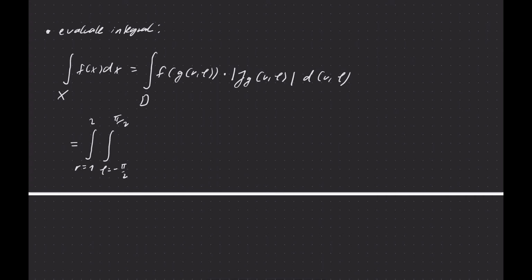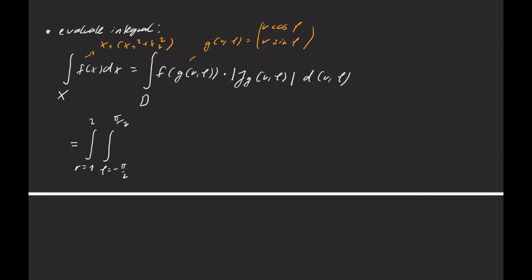The function f, remember, f of x is x1 times x1 squared plus x2 squared. And also remember g of r, phi is r cosine phi, r sine phi. So x1 is r cosine phi.